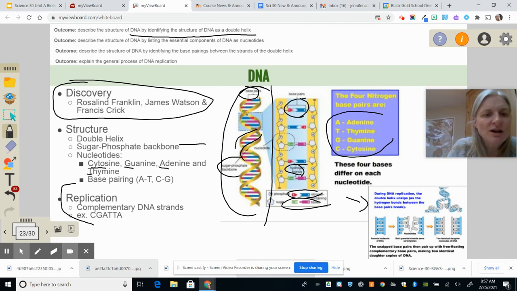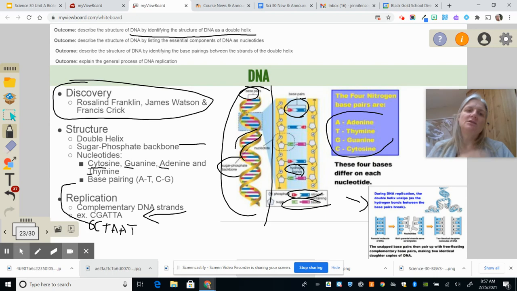So if one strand is down here, we're just looking at this example, if one strand is CGATTA, the complementary strand would be G, because C and G always bond, and then C, and then T, and then A, T. If you're not sure how I did that, make sure you go back to that DNA lesson to figure out complementary strands. You'll definitely need to be able to do that.